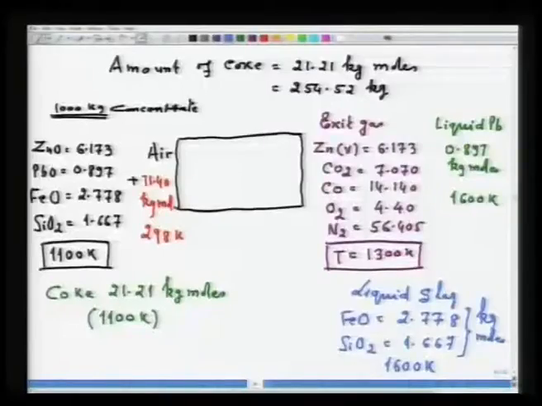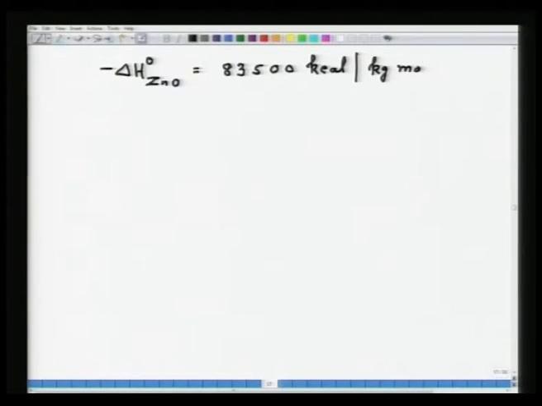Now, you also need the heat of reaction value, say minus delta H naught for ZnO, that means the heat of formation value of zinc oxide, that is equal to 83,500 kilocalorie per kg mole. Now, lead oxide, minus delta H naught for PbO, that is equal to 52,500 kilocalorie per kg mole.